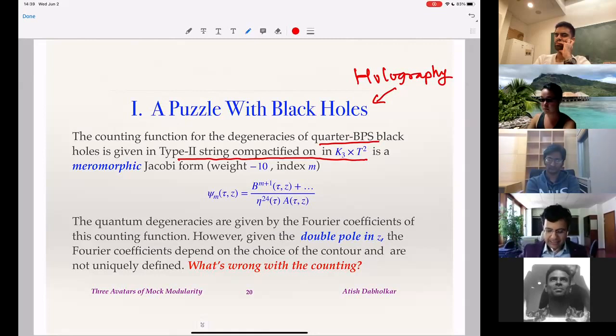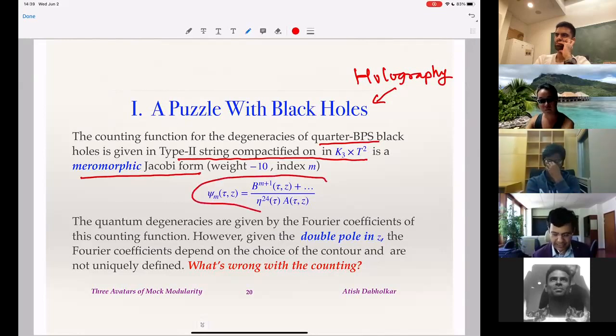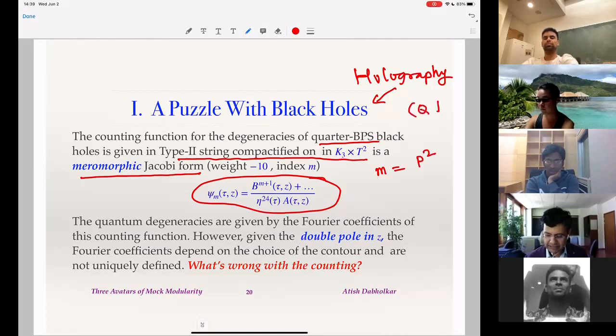It turns out that the counting function is given by a meromorphic Jacobi form of this form. And I have essentially introduced all the functions that appear here. B is the function that I had introduced, so B to the power m plus 1. And m here is basically the square of the magnetic charge. The black hole has an electric charge and a magnetic charge.